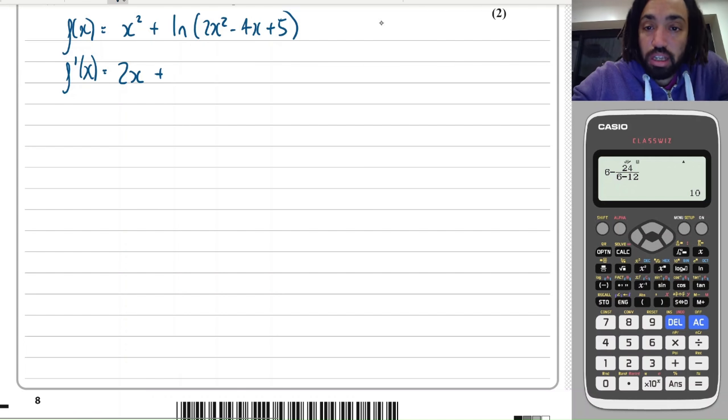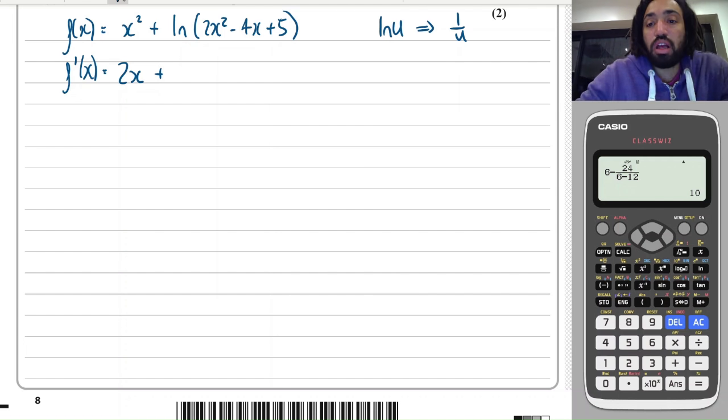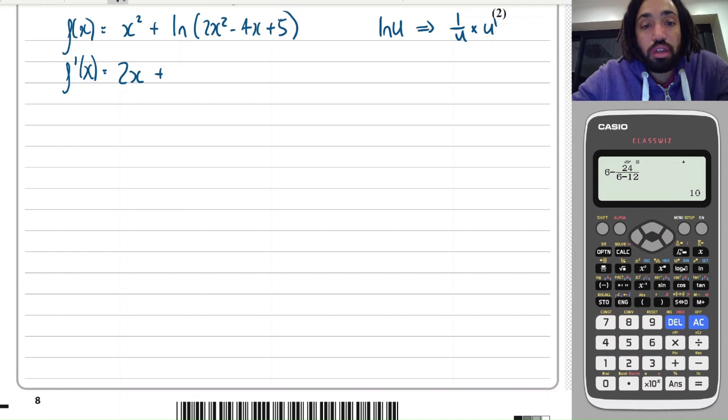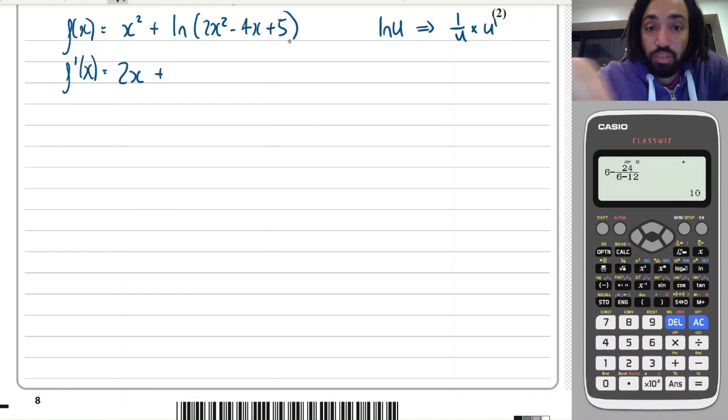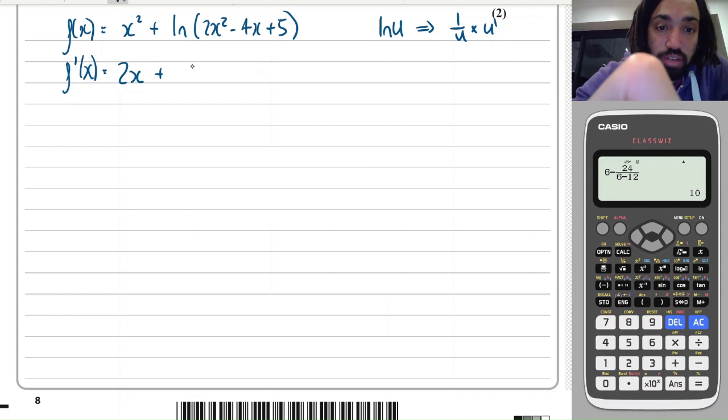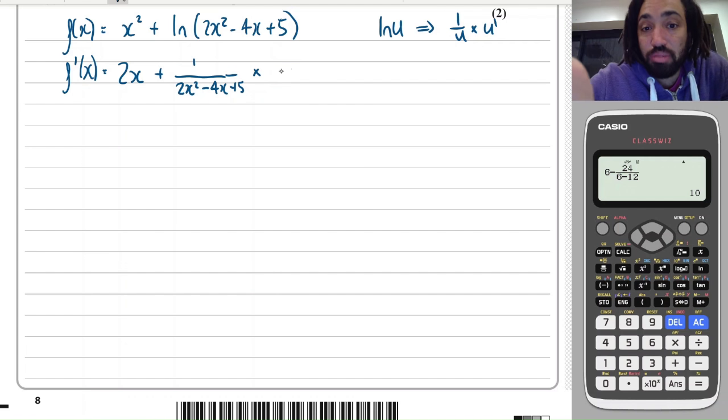Normally ln of u, ln of anything, would differentiate to 1 over u. Then we multiply by the derivative of u, so u dash. So ln here would differentiate to 1 over the inside of the bracket, but then we need to multiply by the derivative of that bracket, which is 4x minus 4.